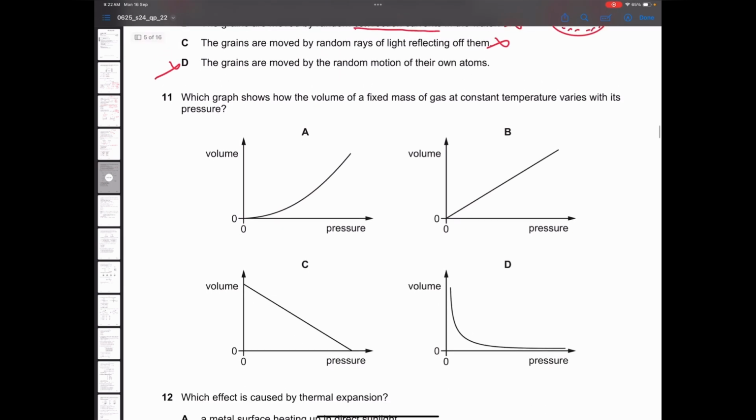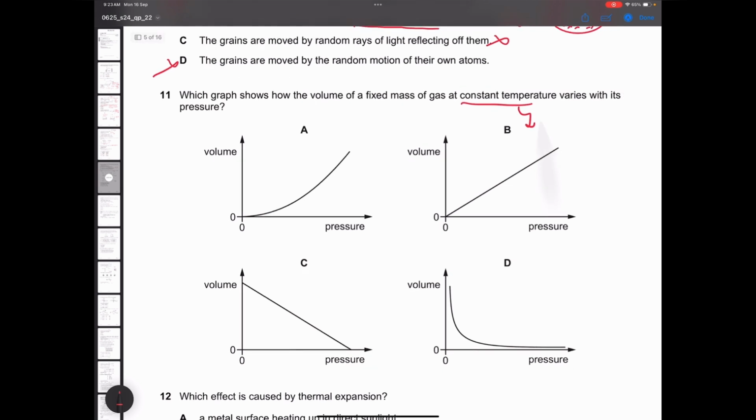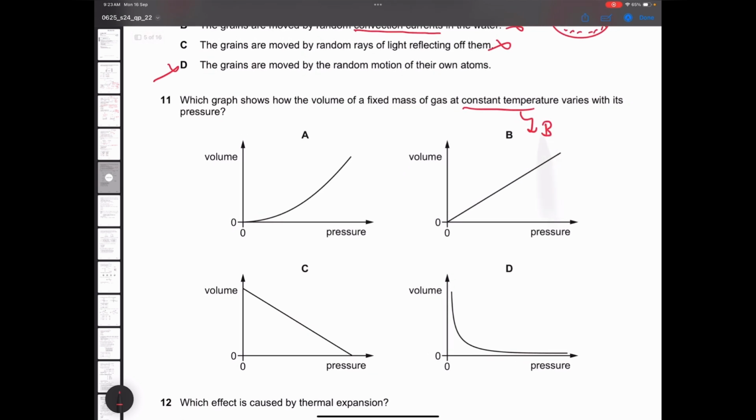Now, question number 11. Which graph shows how the volume of a fixed mass of gas at constant temperature varies with its pressure? Constant temperature is the keyword, and from this we can identify they're talking about Boyle's law. The relation is that PV is equal to a constant.